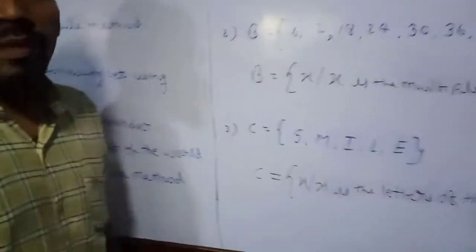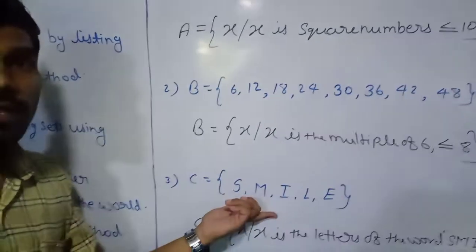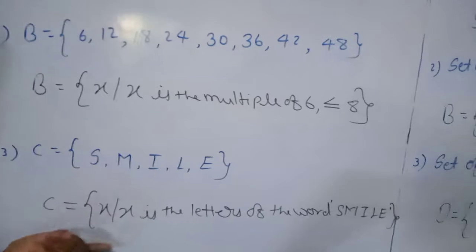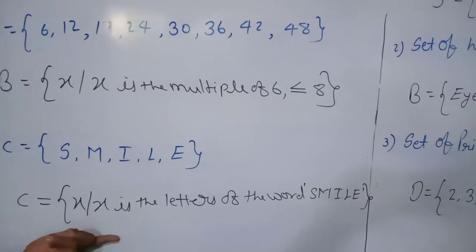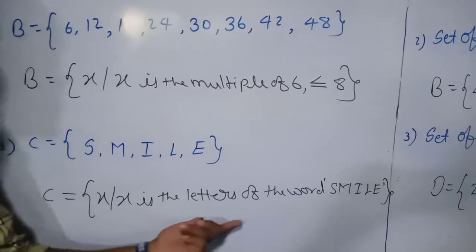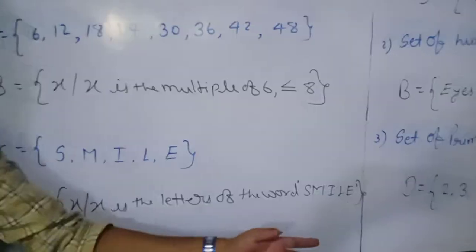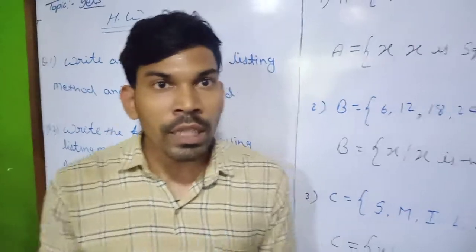Once again, these are all the letters of the word smile. So we write set C is equal to the set of X such that X is a letter of the word smile.